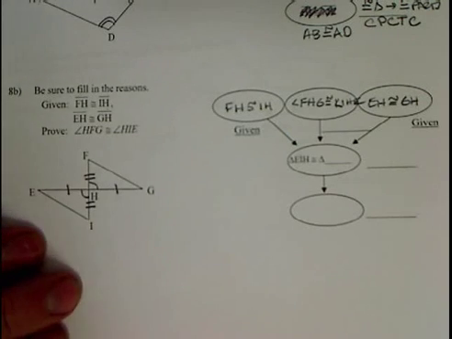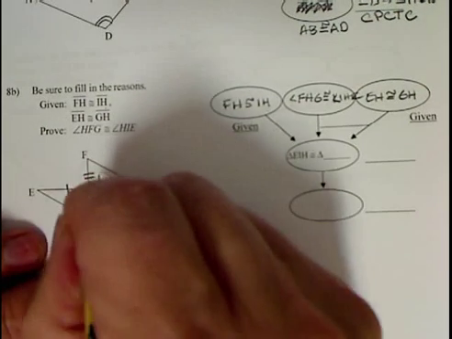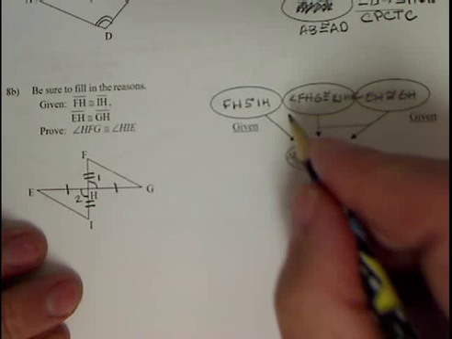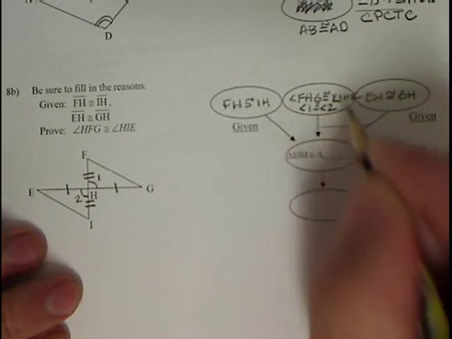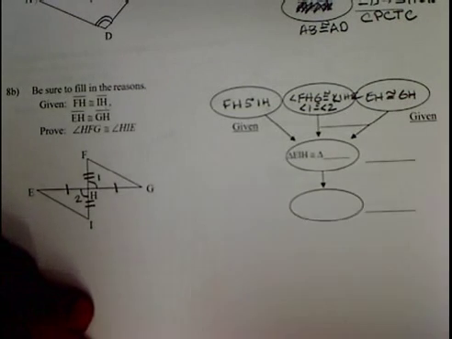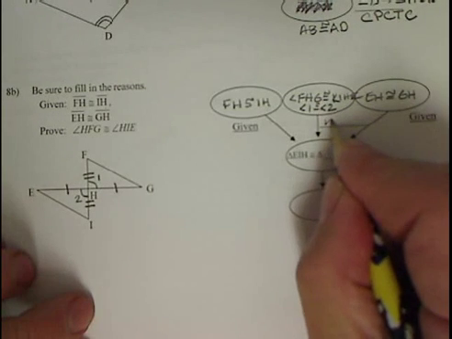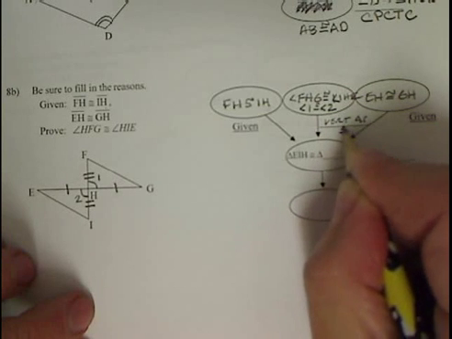So you just mark those things in there. Now, some people will like to put a little 1 and then a 2, and say angle 1 is congruent to angle 2. You can do that. You just have to label your figure so that we know what angle 1 and angle 2 are. This is vertical angles are congruent.